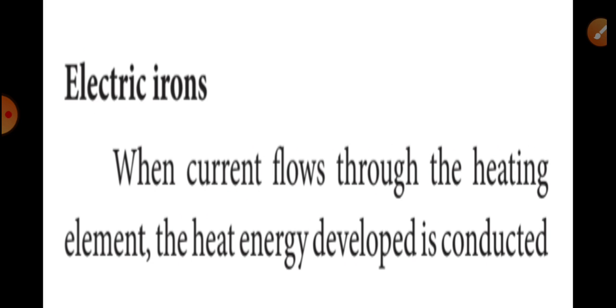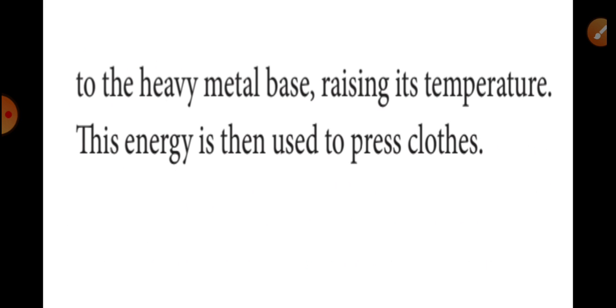Much more heat energy is produced in the metal base, raising its temperature. This energy is then used to press the clothes. When we rub the hot steel or metal bottom over the cloth, the heat energy presses the clothes by using electric irons.